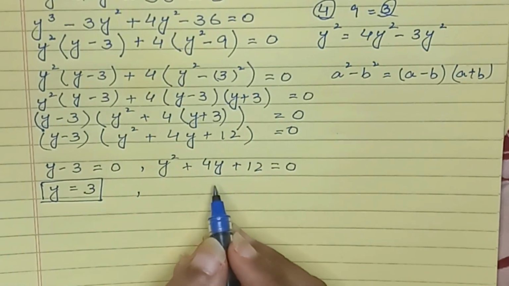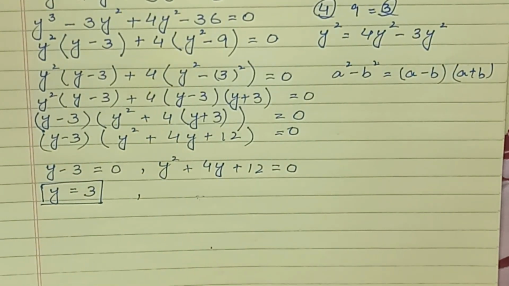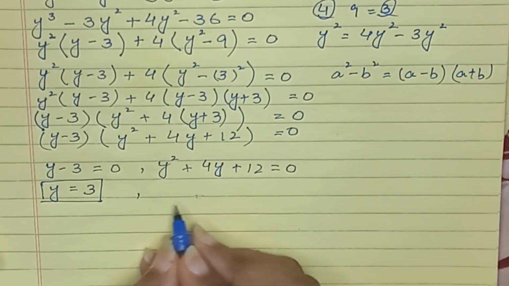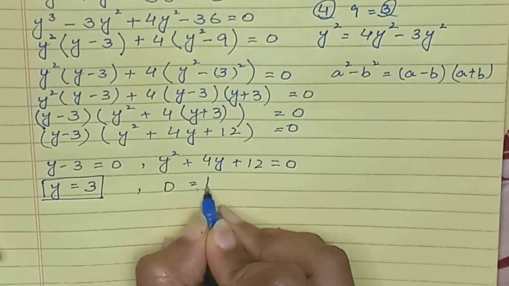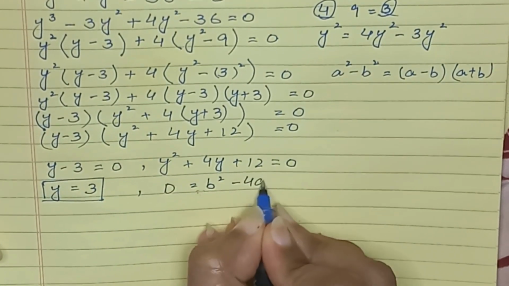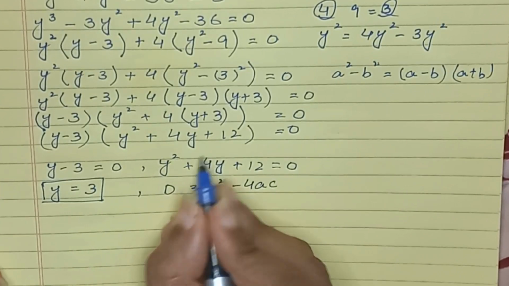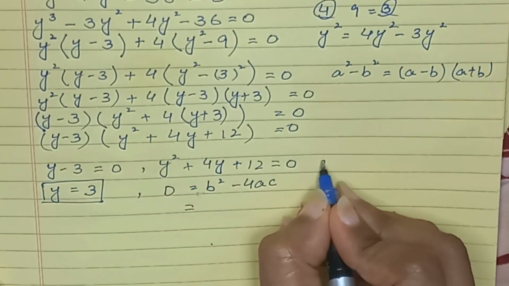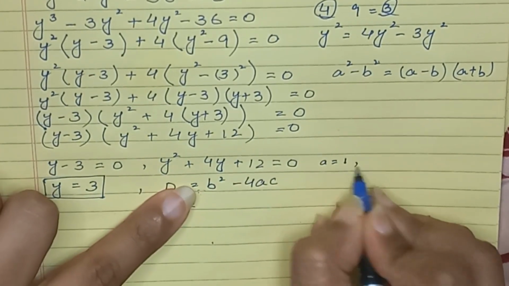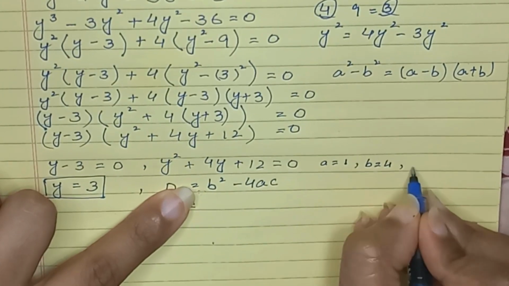In this case we apply the discriminant formula, b square minus 4ac, where a is 1, b is 4 and c is 12.